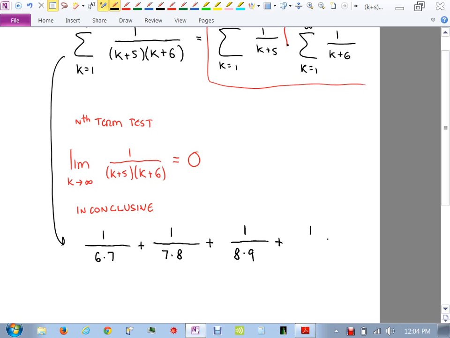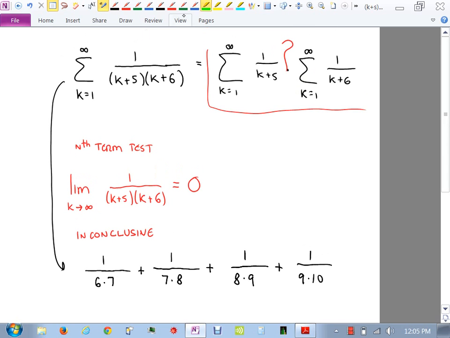Y'all see what's happening here? Not a whole lot, right? We're just adding up these things: 1 over 42 plus 1 over 56 plus 1 over 72. They're getting smaller. They're going to 0. We know that, but we also know that with series, them going to 0 doesn't tell us anything. It's not enough information.